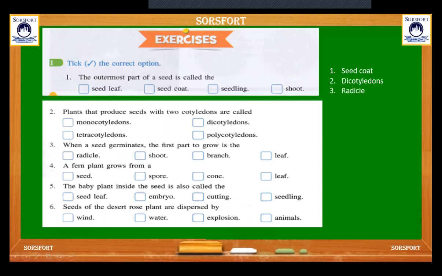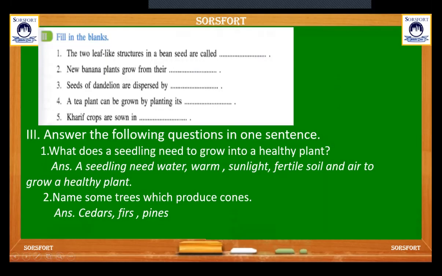Radicle. A fern plant grows from a what? Spore. The baby plant inside the seed is also called seedling. Seeds of the desert rose plant are dispersed by what? Wind.